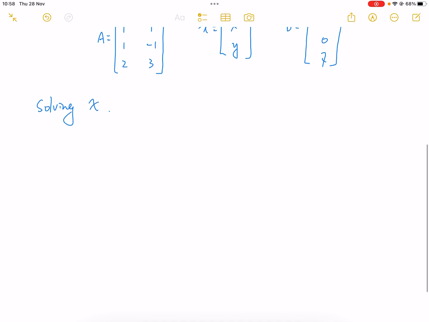We use this formula. x equals the inverse of A transpose times A, times A transpose times b.